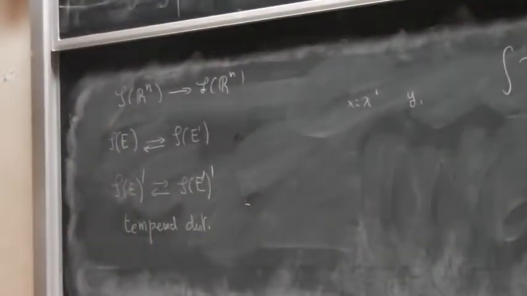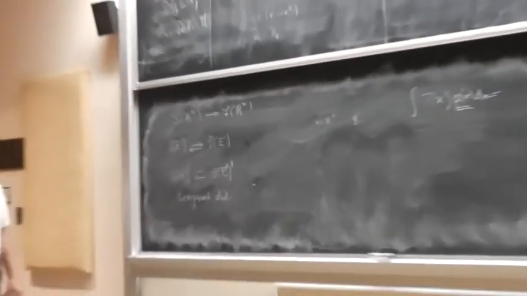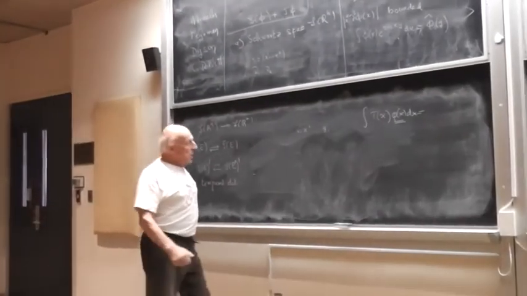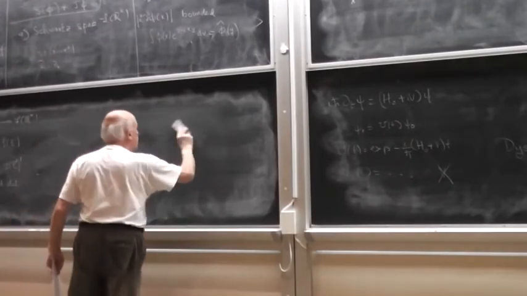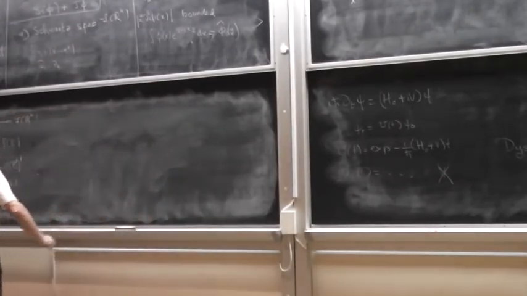But this is a little too general for our purpose, and we would like to have, at the cost of breaking the full symmetry between E and E prime, because S of E, S of E prime, and S prime are defined in a similar way for the space and the dual, I will break this symmetry and define the following.